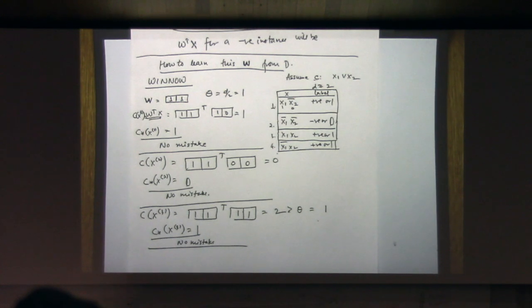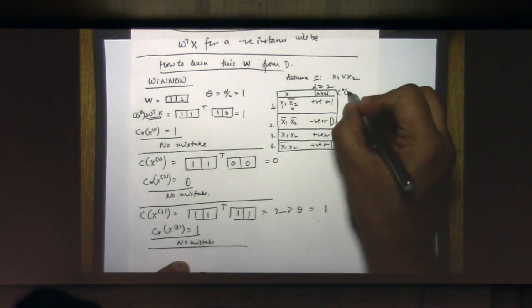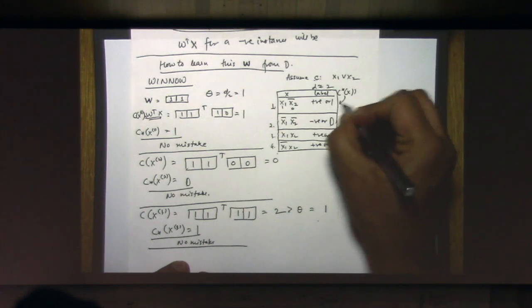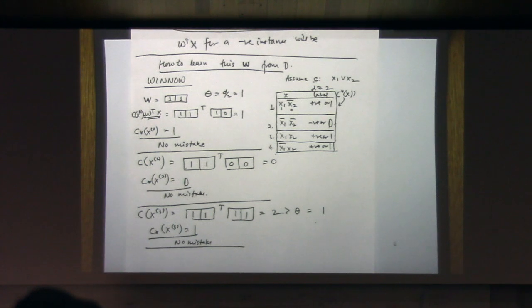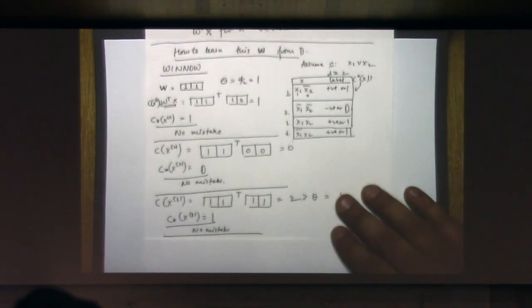This is the true label. Right, so this is also given to you when you're training. These are the labels, right? Does it matter that the first and fourth example are equal to theta?